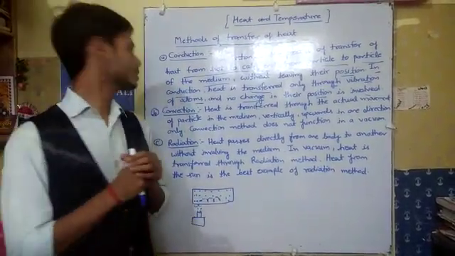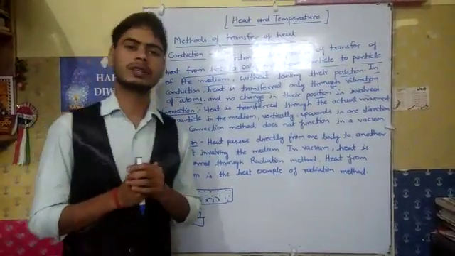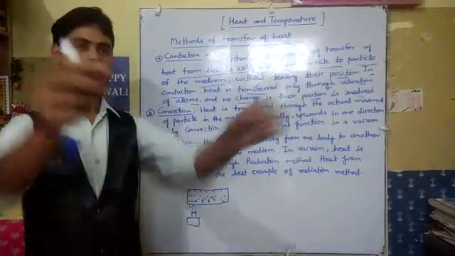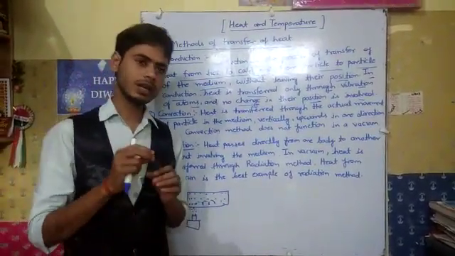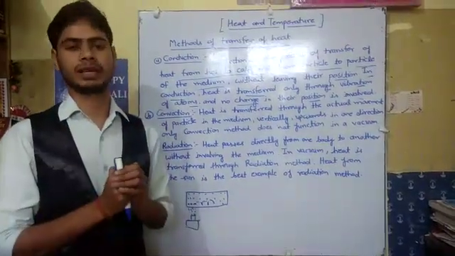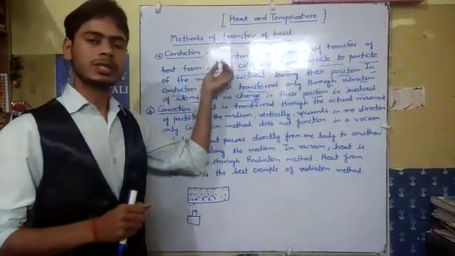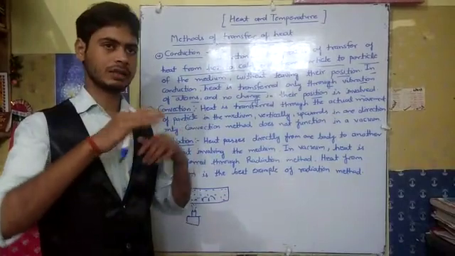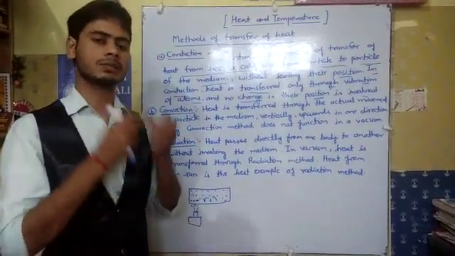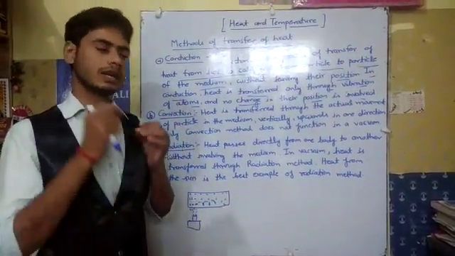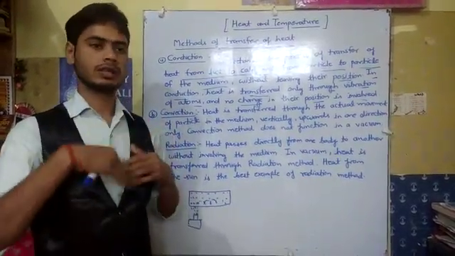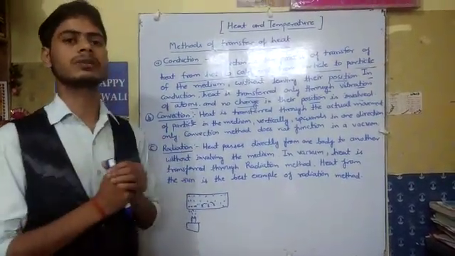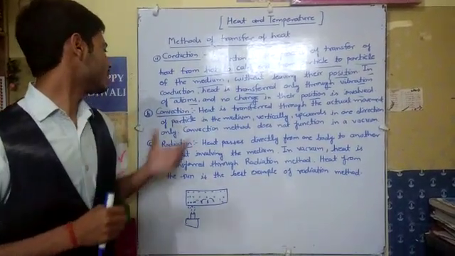Now the next process is convection. What is convection? In convection, the heat is transferred from one place to another by the actual movement of the particles. In the conduction process the molecules do not actually move from one place to another, but in the convection process the atoms, or we can say the molecules, go from one place to another.